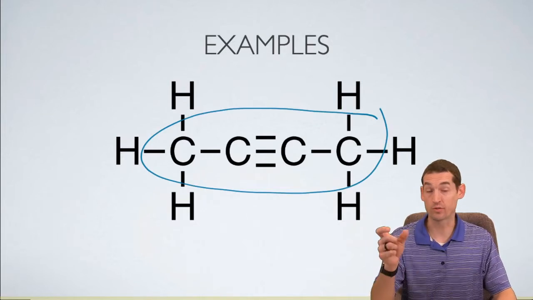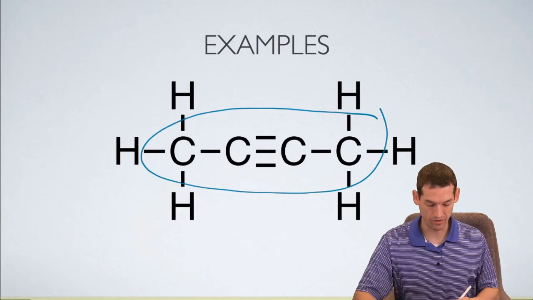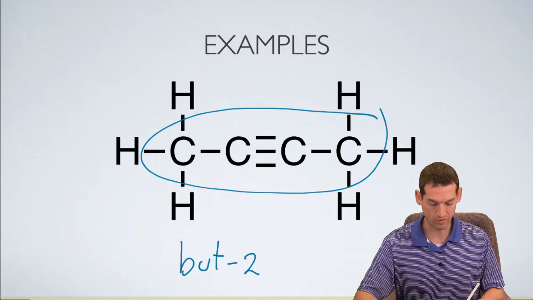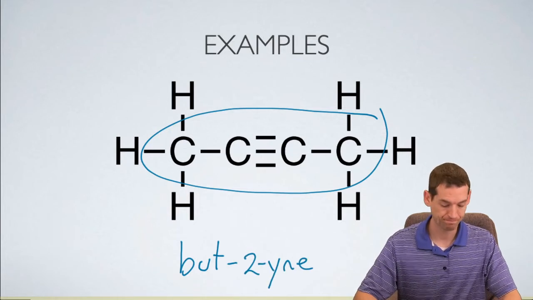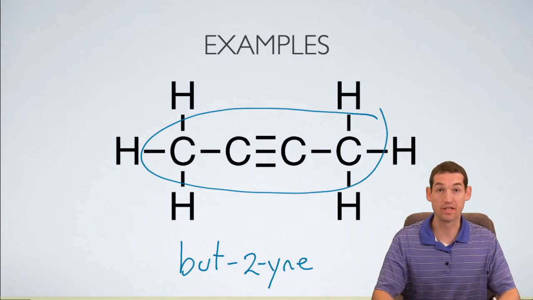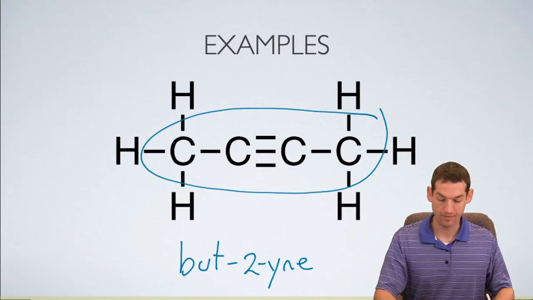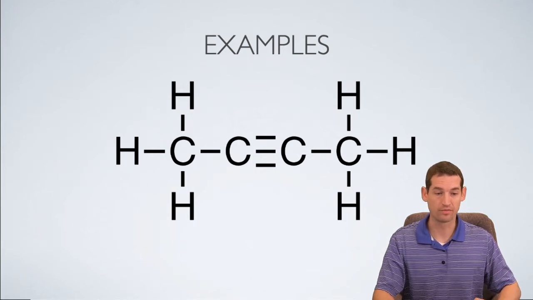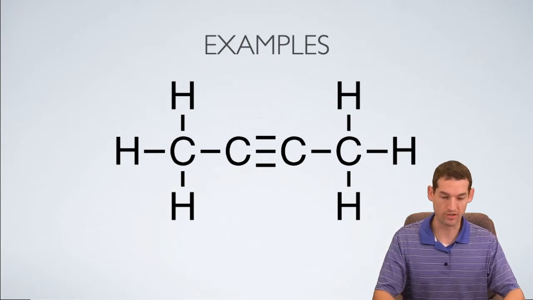Now the triple bond is in the center. So this is still a but- because it's 4, but now it's a but-2-yne. Okay, hopefully that makes sense. If any of this is not making sense to you, make sure you let me know. Send me an email or message me.